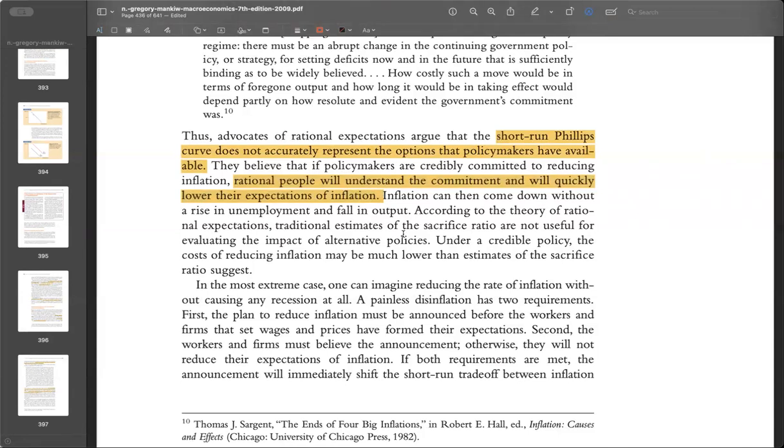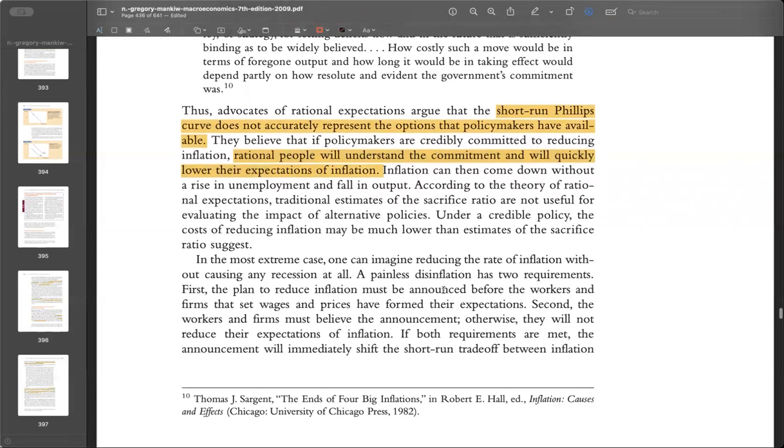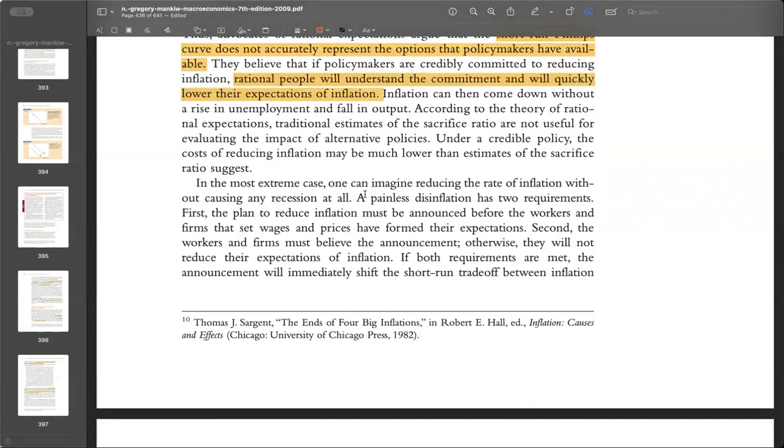So this is the other way to lower current inflation, which is to affect your expectations of the future by doing actions which influence that expectation of future inflation. In the most extreme case, you can imagine that reducing the rate of inflation in this way will not cause any recession, lowered output, or increased unemployment at all.